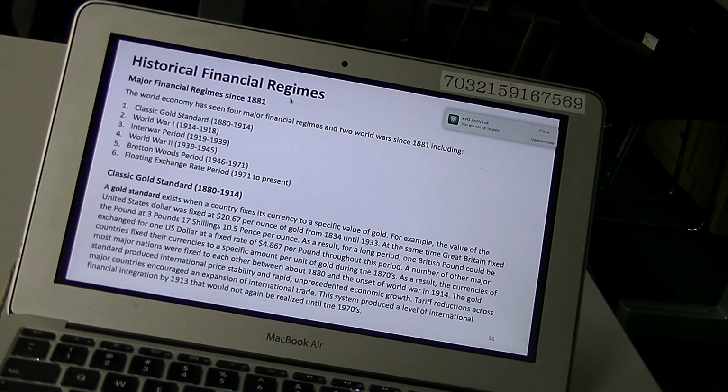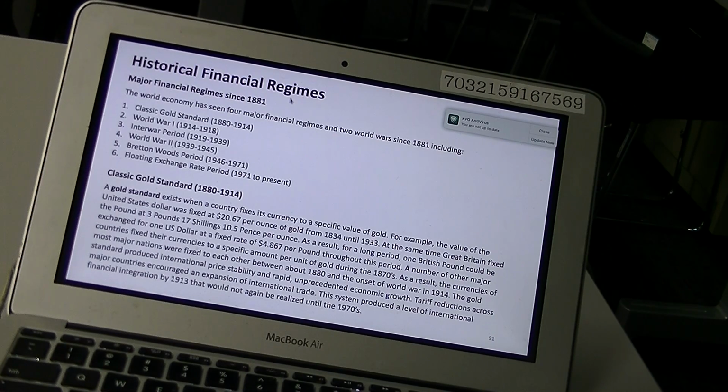And what's interesting about that is that when you had the gold standard, the amount of trade, as measured by the trade flows as a percentage of world GDP, actually reached its peak just before World War I. And that volume of trade as a percentage of global GDP didn't reach that level again until the 1970s.